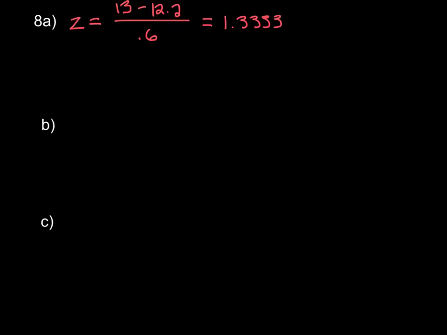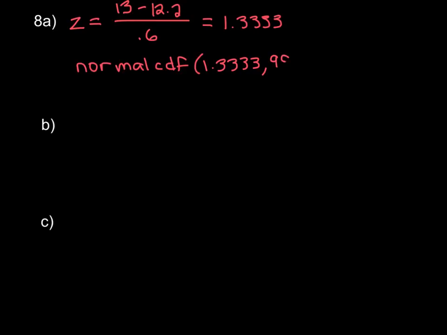If we want to figure out the probability that the volume is greater than 13 ounces, whenever we see greater than, first in your calculator, you're going to go to normal CDF. We're going to use our z-score as our lower bound, and we want to include everything up to positive infinity.